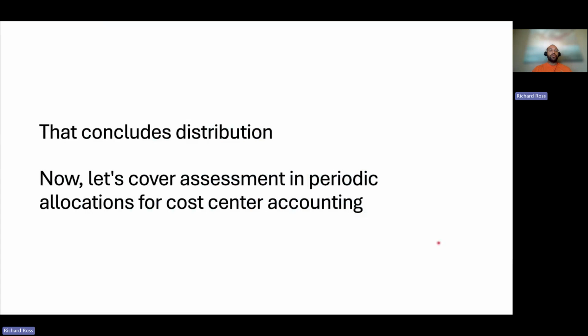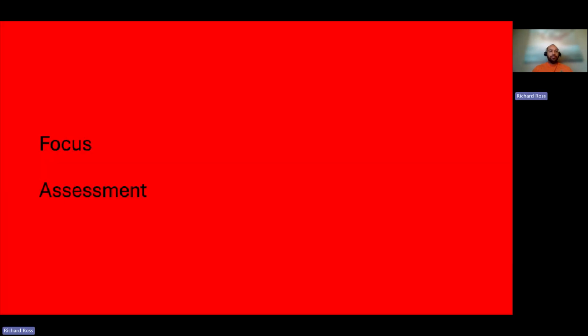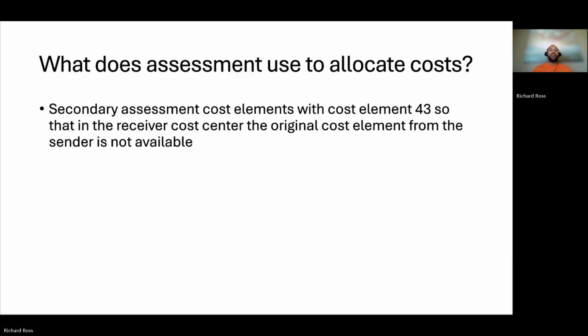That concludes distribution. Now, let's cover assessment in periodic allocations for cost center accounting. What does assessment use to allocate costs? Secondary assessment cost elements with cost element 43, so that in the receiver cost center, the original cost element from the sender is not available.